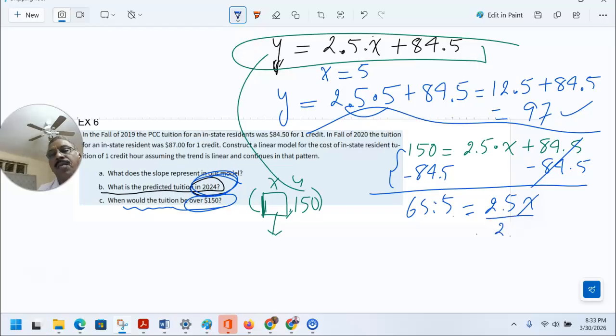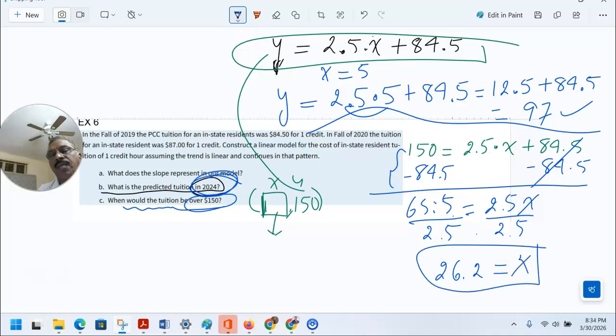Then divide by 2.5 on both sides, and using the calculator, you get 26.2 equals x. I mean, what does this basically mean? So 26.2 is basically between 26 years and 27 years.